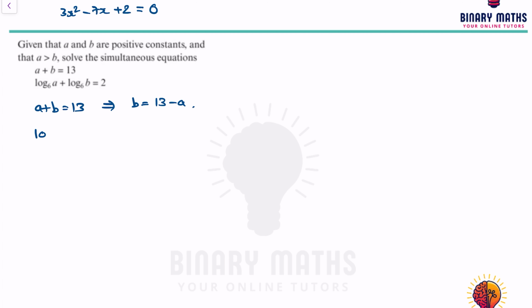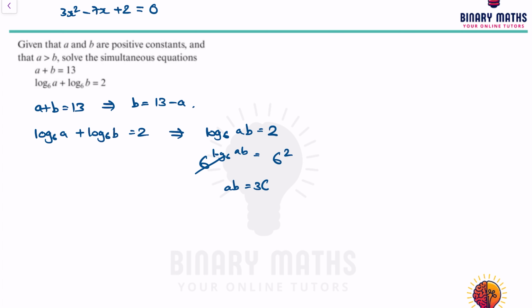Second equation, I get log base 6 of a plus log base 6 of b is equal to 2, implies log base 6 of a times b is equal to 2. If I apply 6 to the power to both sides, I get ab must be equal to 36.